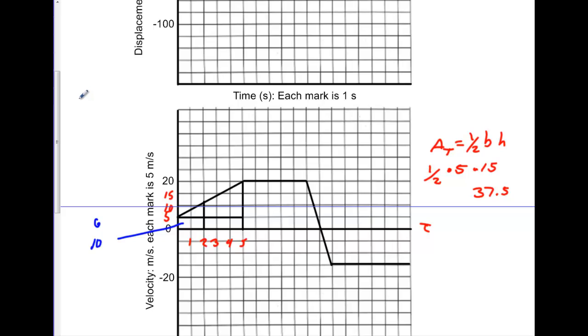If it tells you when time is 0, and it tells you your initial position, we'll call it P or X, is 10, then your position at time equal to 2 would be 10 plus your 16, so your position would equal 26.